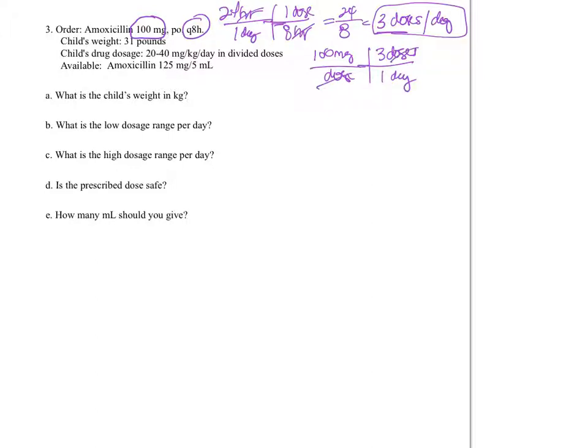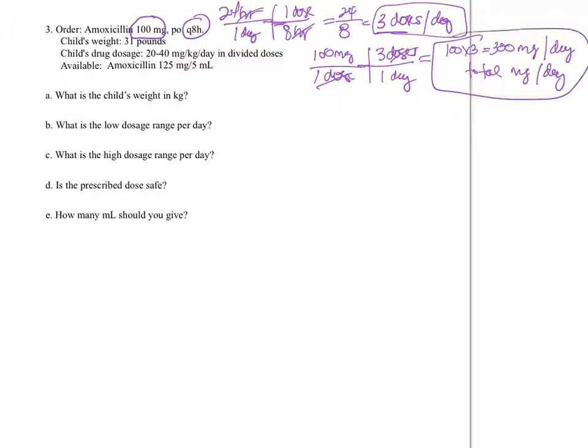So we'll cross out our doses, and we'll multiply 100 times 3 equals 300 over 1. So it's just 300 milligrams per day, because we cross out doses. So that's our total milligrams per day: 300.